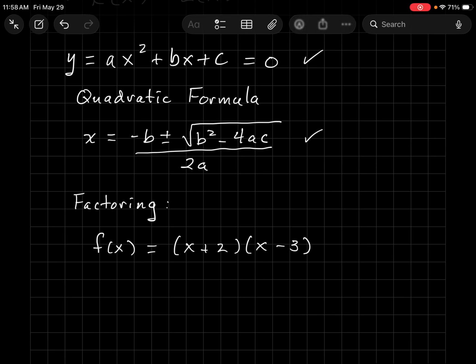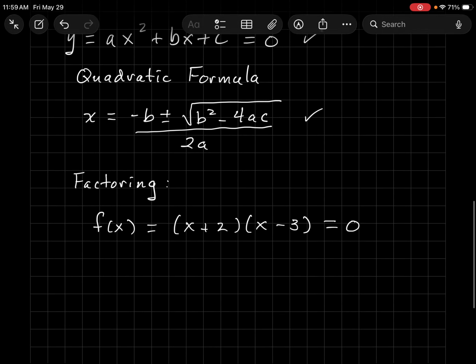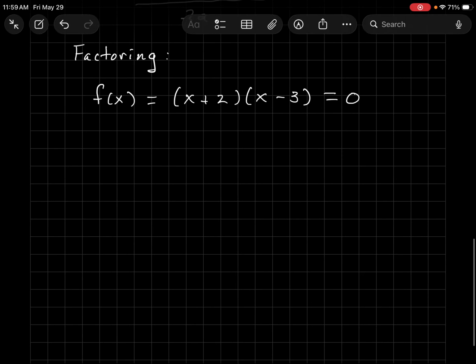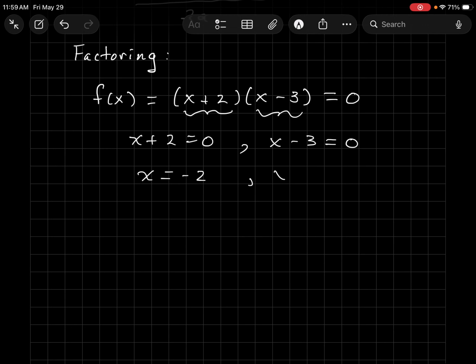I already have it factored for us, and we want to find where our function equals 0. My claim is that we could set either of these factors equal to 0: either x plus 2 equals 0, or x minus 3 equals 0, which will give us either x equals negative 2 or x equals positive 3 when we solve.